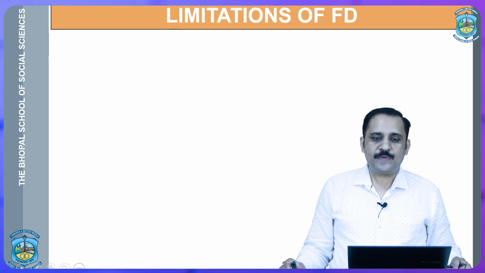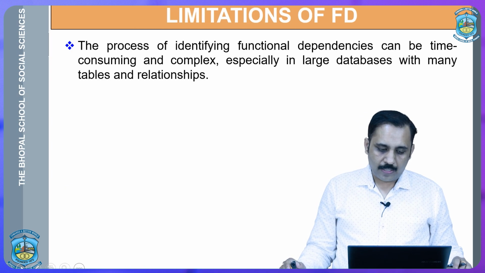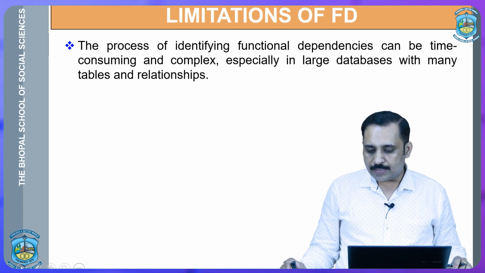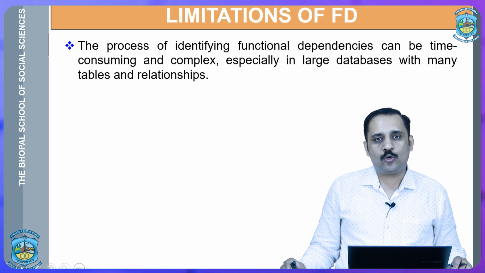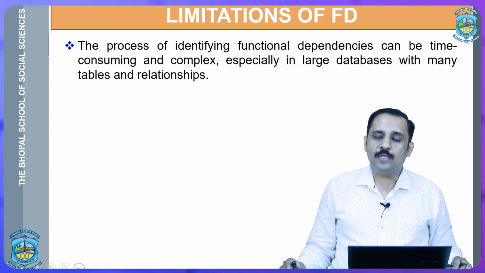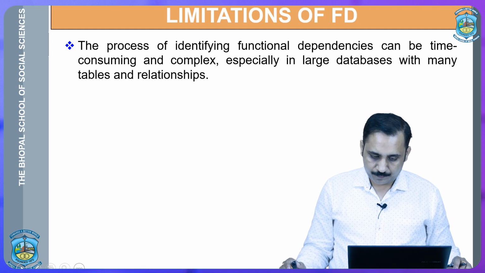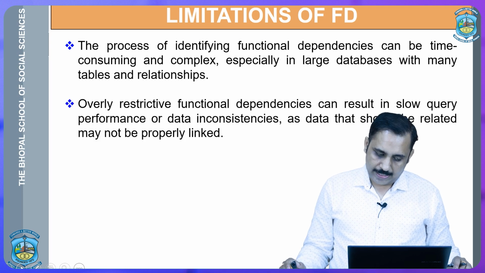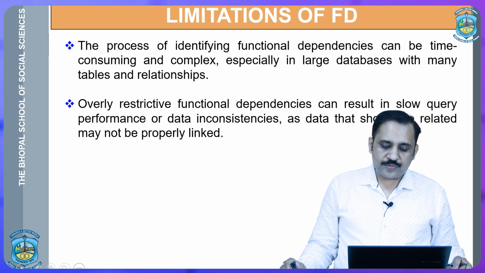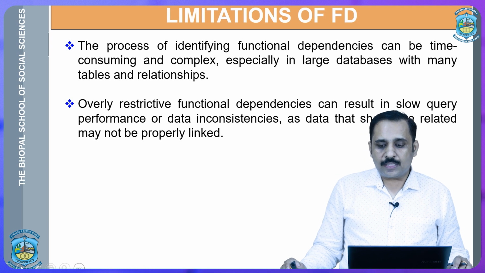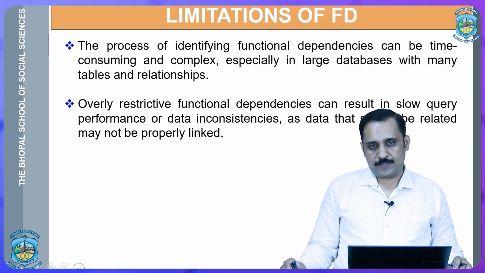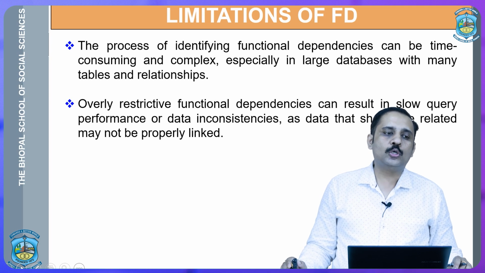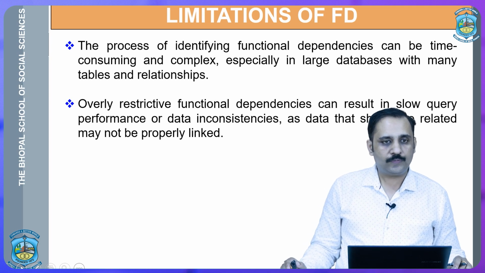With the advantages, we have some limitations also. First, the process of identifying different functional dependencies can be time consuming and very complex if you have a large table with a large number of data values in it, right? So, this process can be a bit complex. Second, overly restrictive functional dependencies can result in slow processing of queries. A query is nothing but a request to get the data out of the database.